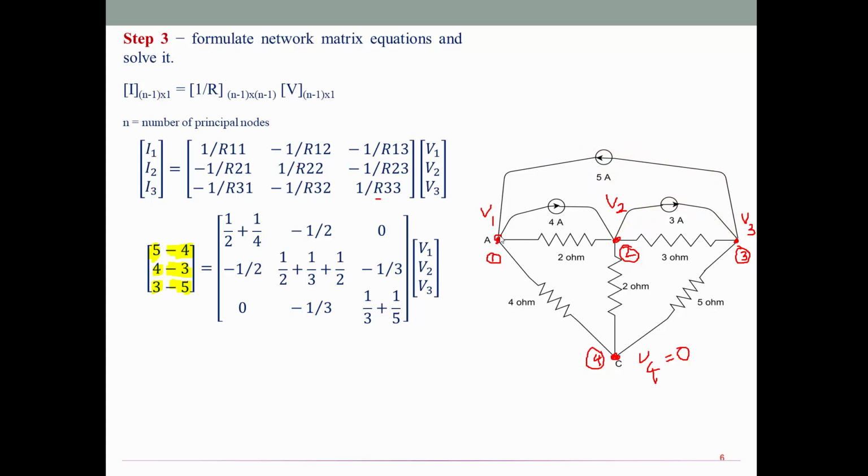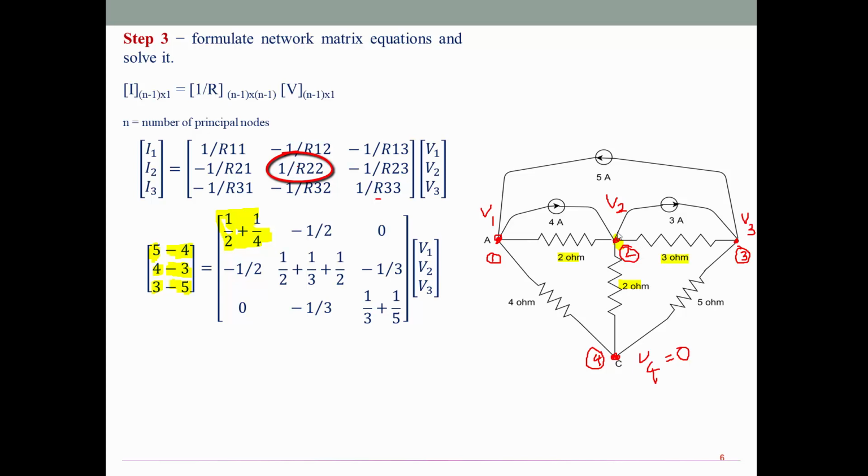Then coming to node number 1 again, identify how many resistive branches linked with it. 2 ohm and 4 ohm. Go for inverse sum of these two values, that is 1 by 2 plus 1 by 4. Similarly, go to node number 2, identify the resistances linked with this: 2 ohm, 2 ohm and 3 ohm.